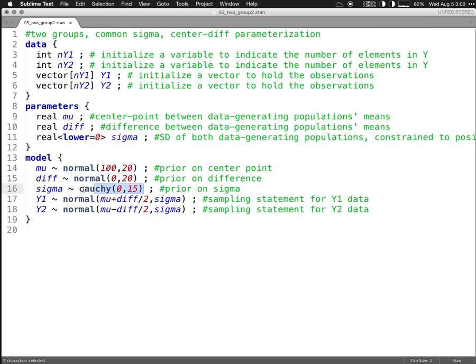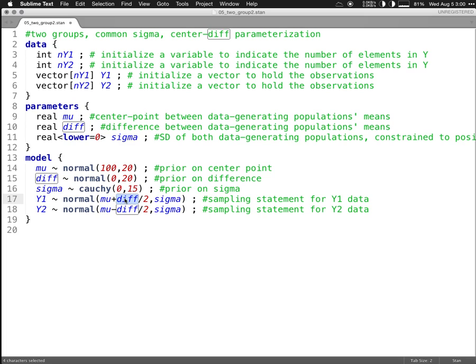Otherwise our sigma is the exact same. Then y1 is distributed as a normal distribution with a mu plus the difference divided by 2, so half the difference, and y2 is mu minus the difference divided by 2.